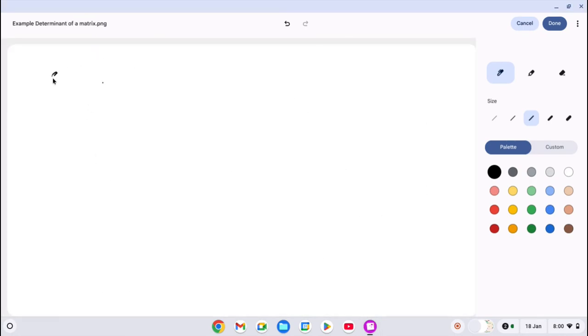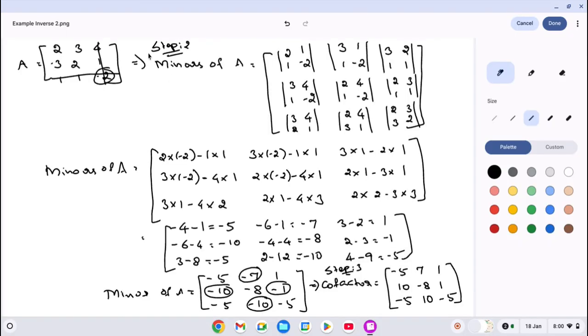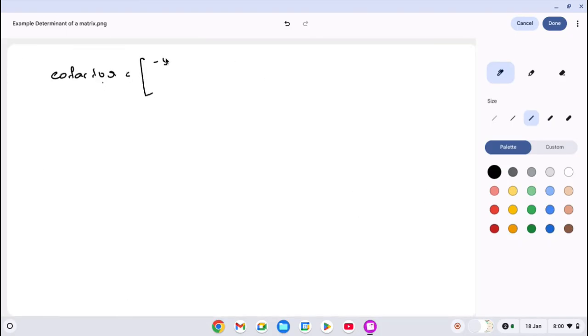The cofactor matrix we have got here is minus 5, 7, 1, 10, minus 8, 1, and minus 5, 10, and minus 5. If you transpose this matrix, we can get the adjoint of A.